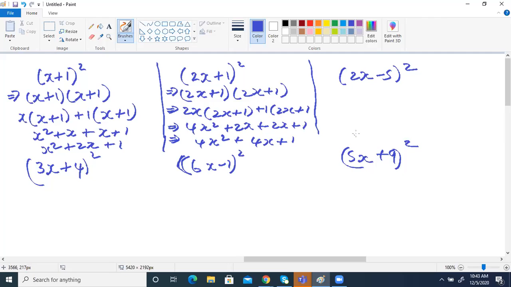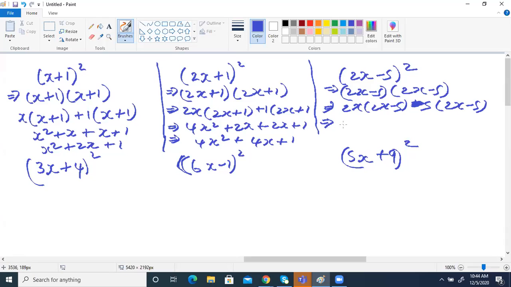And then again, 2x minus 5. Oh, this is minus, my bad. 2x minus 5 squared becomes 4x squared minus 10x minus 10x plus 25, which is 4x squared minus 20x plus 25.